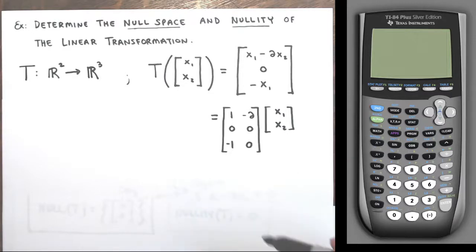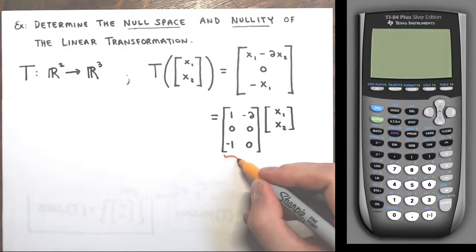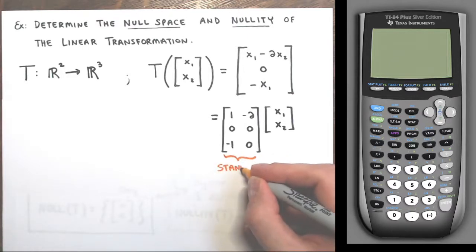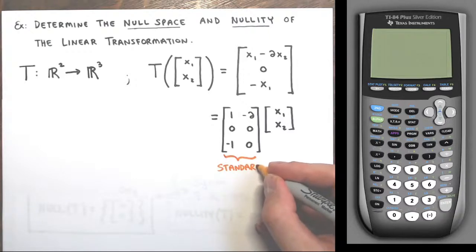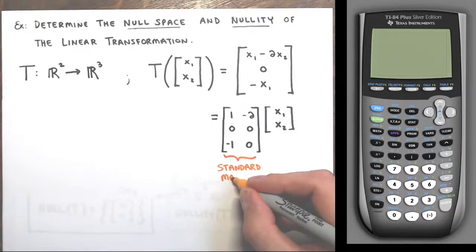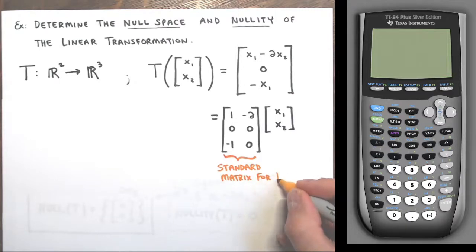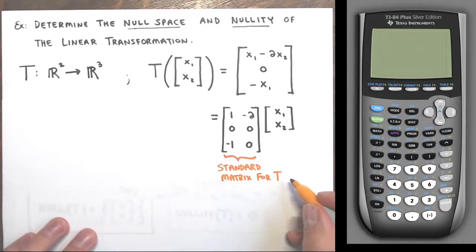What I have now, this 3 by 2 matrix, is the standard matrix for T. I'm going to call this standard matrix A.